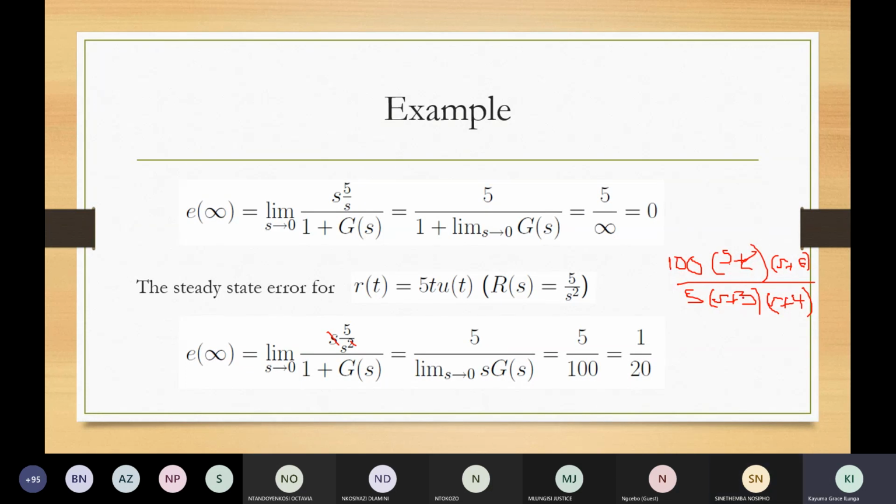Then here we're going to have 12, right? So it's going to be 1,200 over 12. So this is going to give us 100, and that's what we have here. Okay, are we together, guys? Or is there any question here?